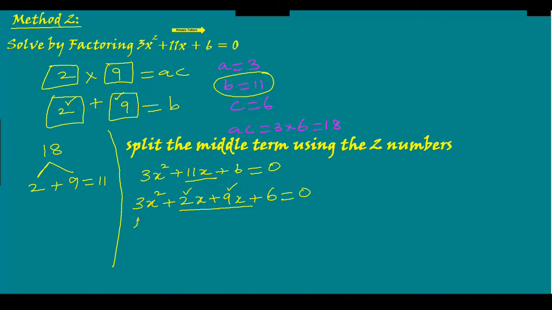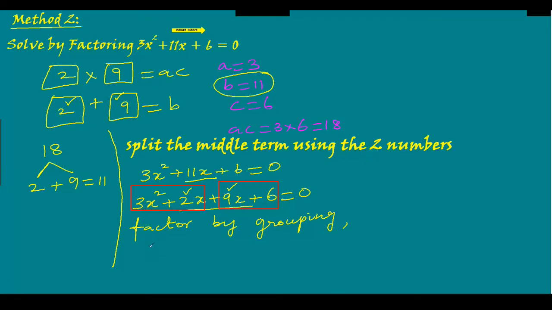Now factor by grouping. Whenever there are 4 terms, factor by grouping is helpful. What we will do is take the common factor from the first 2 and the common factor from the last 2, and write them down, isn't it? Now, what is the common factor?